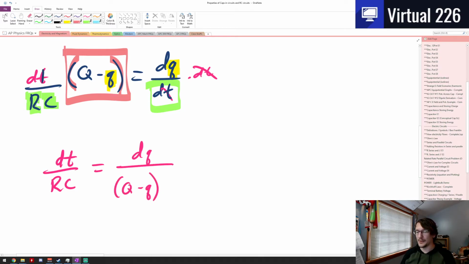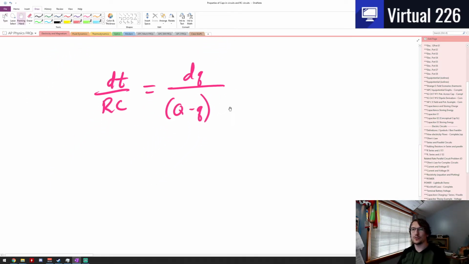And at this point, we need to start doing some calculus and some algebra here. So how do we solve for this? Well, if we're familiar with calculus, we could notice here that we need to integrate these terms.